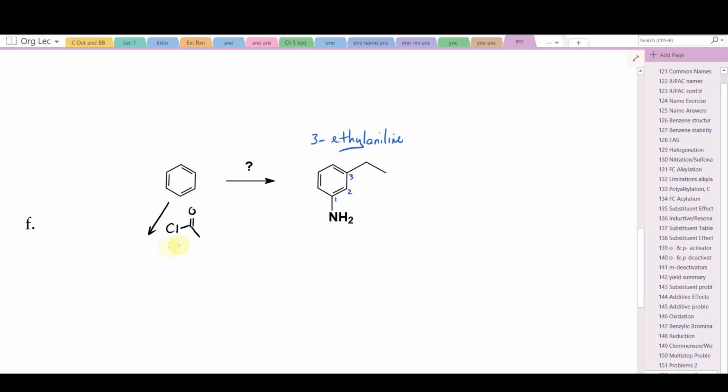So there's ethanoyl chloride with aluminum chloride catalyst. There's our ketone. Now that is meta-directing, so we could now nitrate to the meta position.